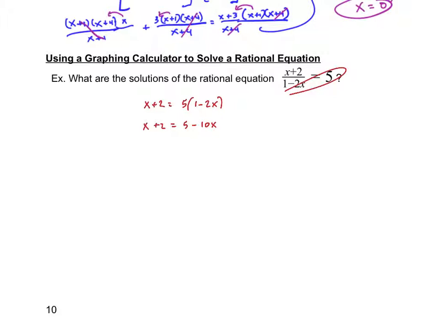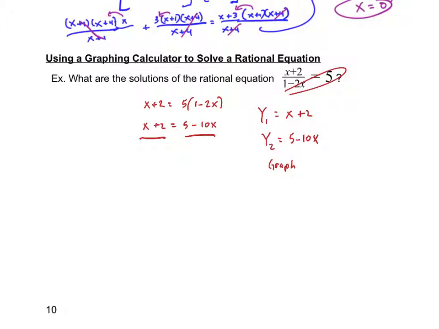Since I know that this side of the equation is equal to this side of the equation, I'm going to put that into the graphing calculator. For y1 I want to input x + 2, and then for y2 I'm going to put in 5 - 10x. From here, you're going to hit graph, and you can see the intersection point.